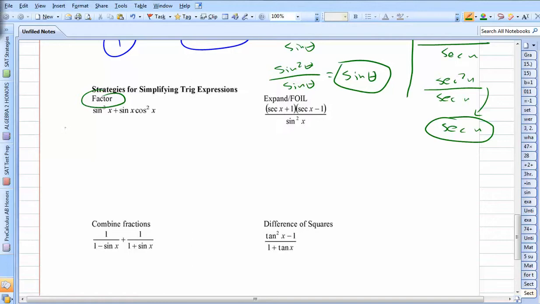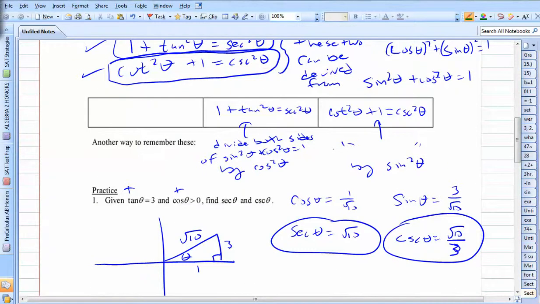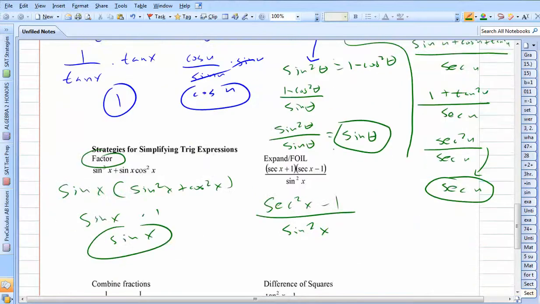Definitely look to factor. Like in this case, I can factor out sine x, and you get this, which would be sine x times 1, or sine x. Try FOILing, if that makes sense. Like in this case, I get secant squared x minus 1 over sine squared x. If we use our identities up above, secant squared is 1 plus tan squared.